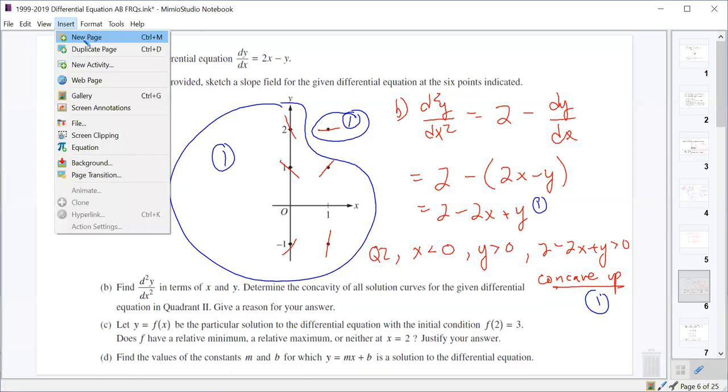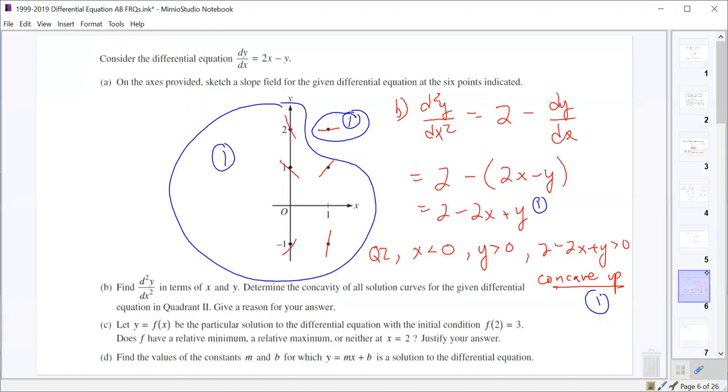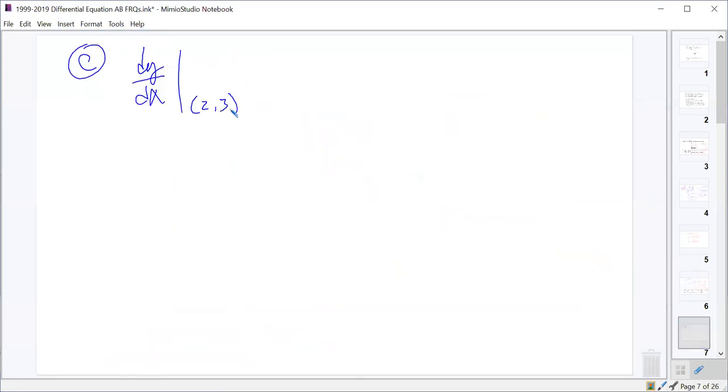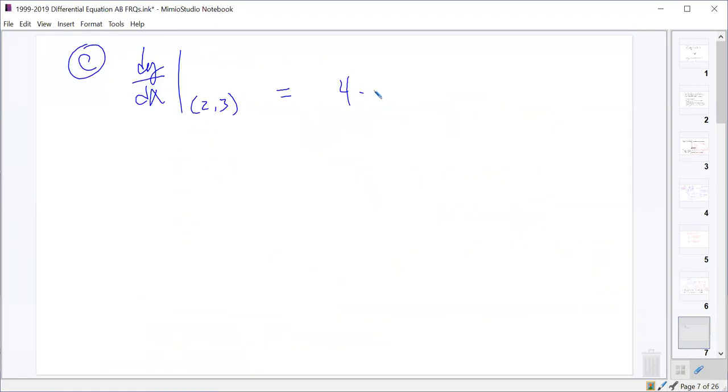So we will take our derivative and evaluate it at x equals 2, which is y equals 3, which gives us what? Our derivative was 2x minus y. That'd be 4 minus 3, which is 1.